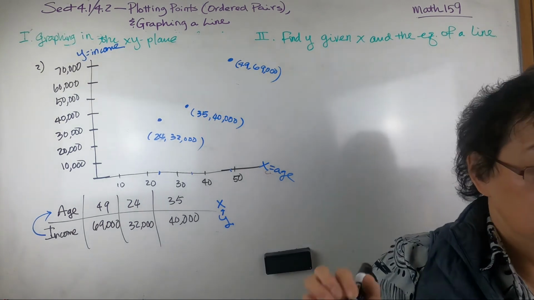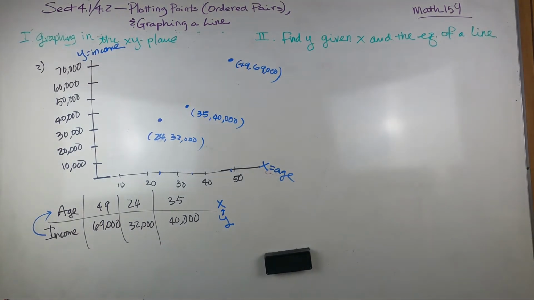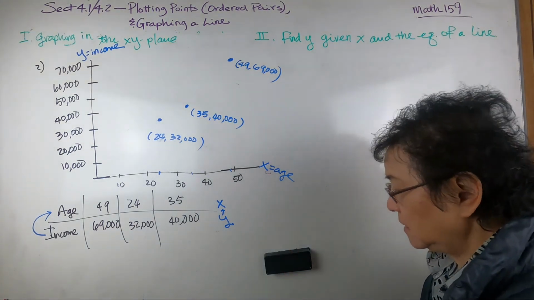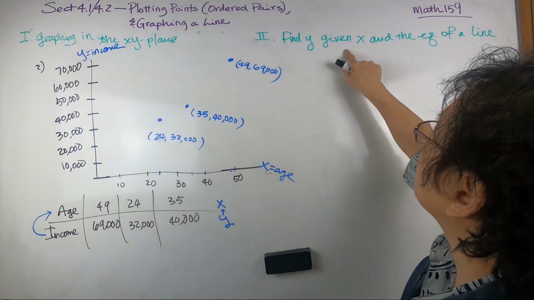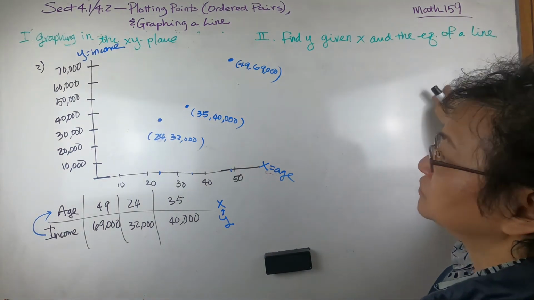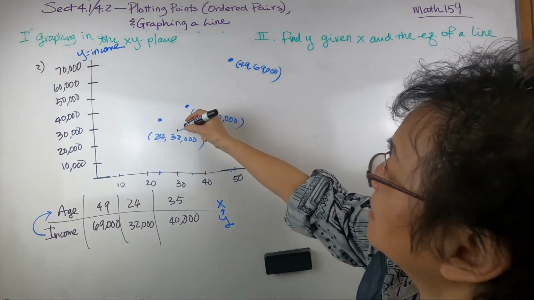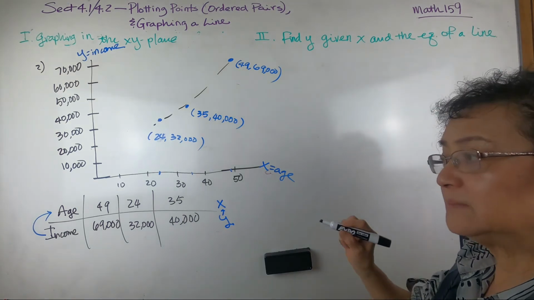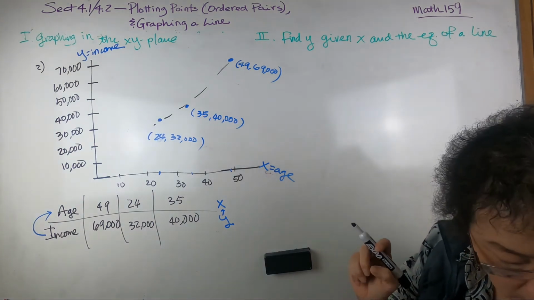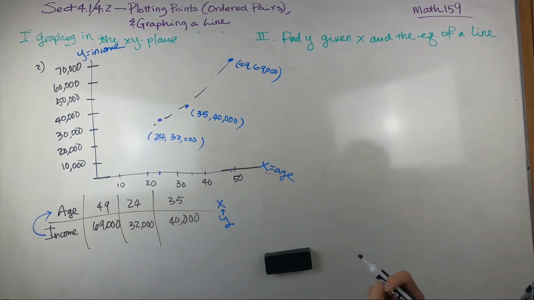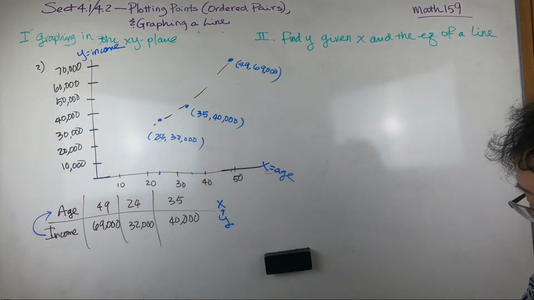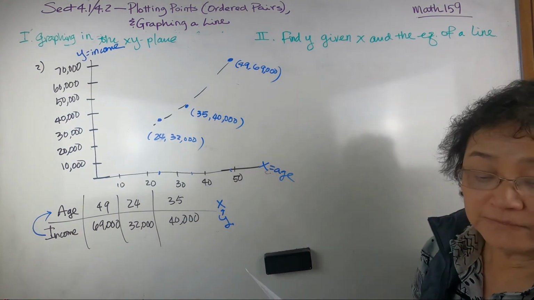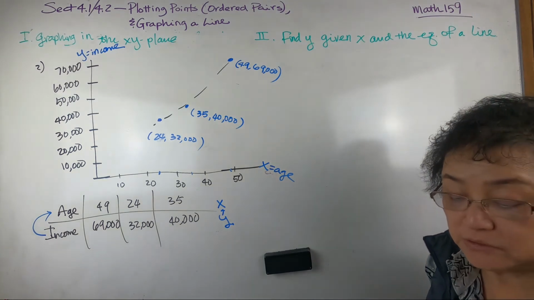Let's look at the following part 2. Now we are talking about the XY plane. So we are going to find the Y given X and the equation of a line. Like this one is not quite a line, right? But we will study the line first. Okay, look at your page 32, part 2. Find the Y given X and the equation of a line.